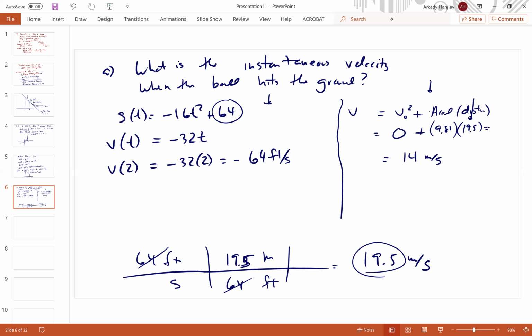Gotcha. I would say the calculus one is probably... Say again, a little louder. I would probably assume that the calculus one is more accurate. Yeah, and I would say the calculus one is not so much more accurate, but more theoretical and more of exactly how this should happen.